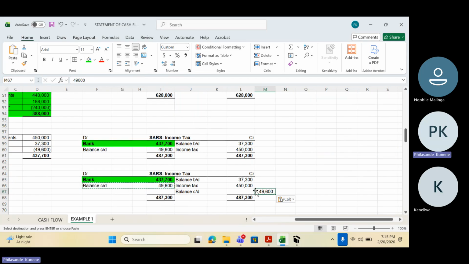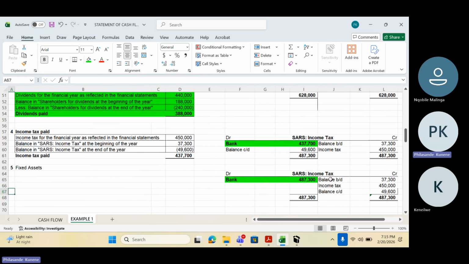You see, opening balance this side, income tax this side, closing balance this side. And then you're getting your total. And then on this side, you only have bank. There will be a situation like this, or everything that you see is on a debit side, and the other one is on a credit side. There will be something like that, right?